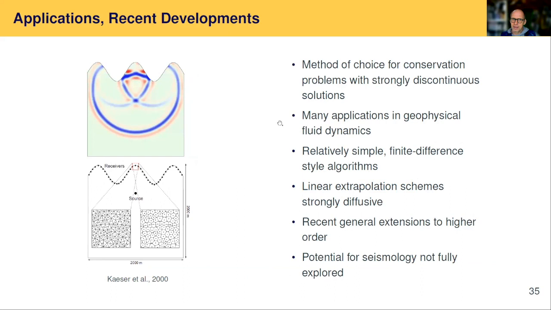So just to wrap this up, you can see here this on the left actually is from Martin Käser, my first master student or diploma student when I arrived in Munich a long time ago. And we used these triangular meshes to solve the wave propagation problem with finite volume.